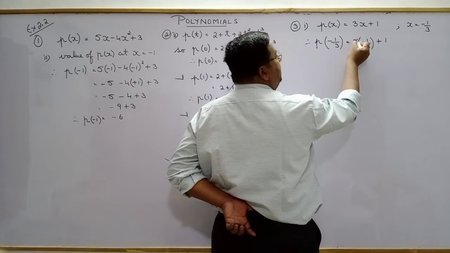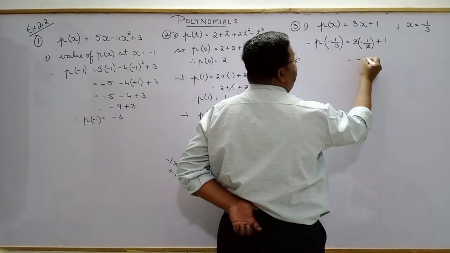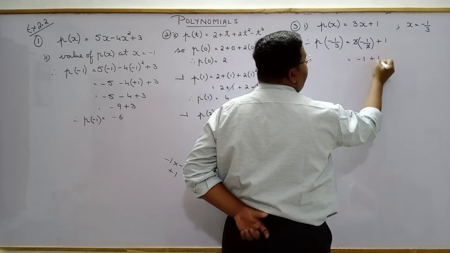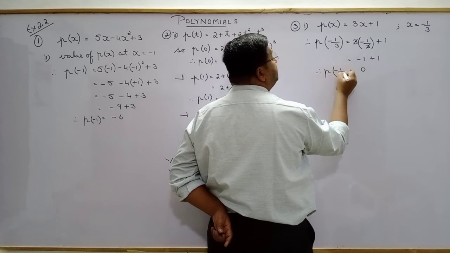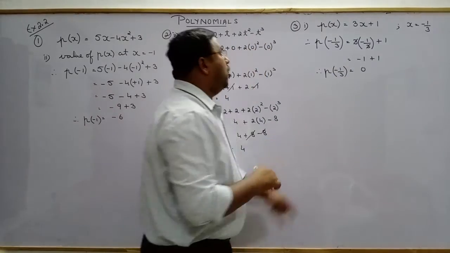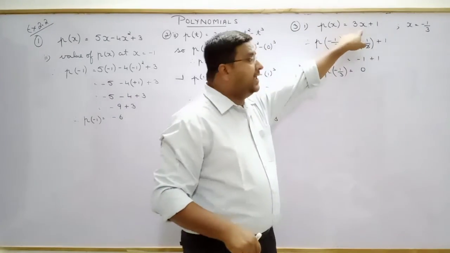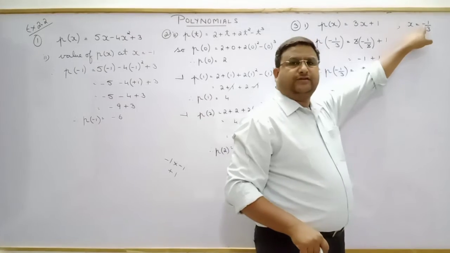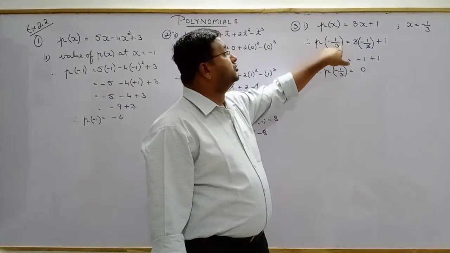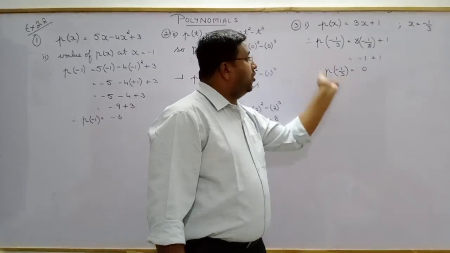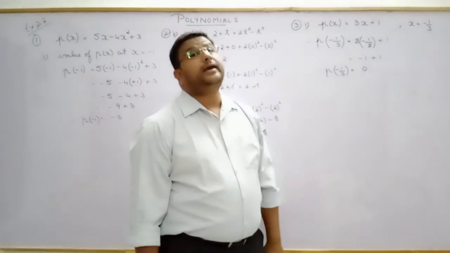3 and 3 are in multiplication and division, so they cancel. So what do I get? Minus 1 plus 1. Minus 1 plus 1 is what? 0. What is the value of this polynomial at x equals minus 1 by 3? 0. When we substitute x equals minus 1 by 3, the value of this polynomial comes out to be 0.